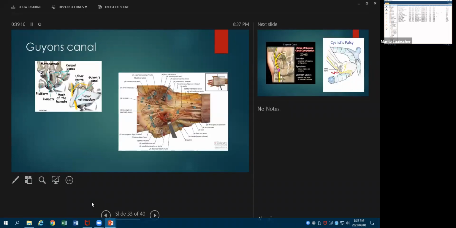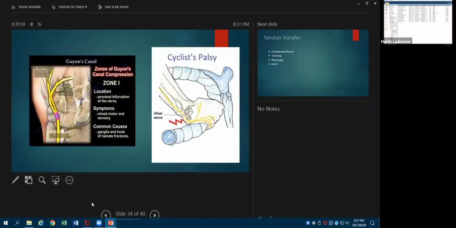Then this is Guyon's canal. Much less common. I do see a couple of cases. The most common by far that we see are these extrinsic compressions. After August, every year I see at least 2 or 3 patients with cycling palsy.